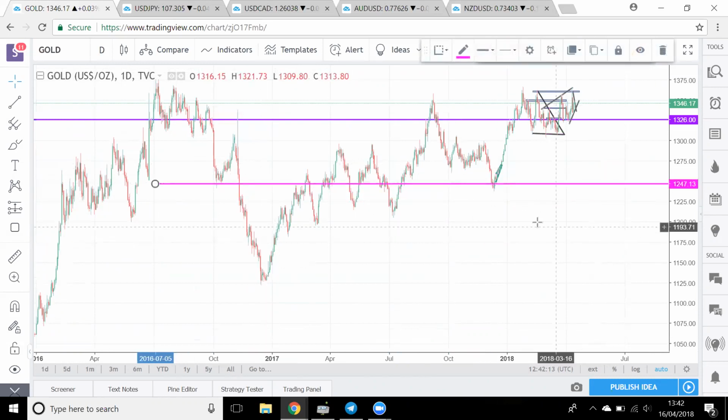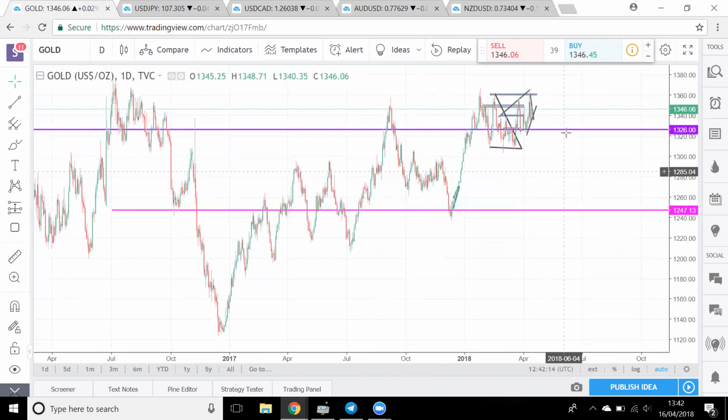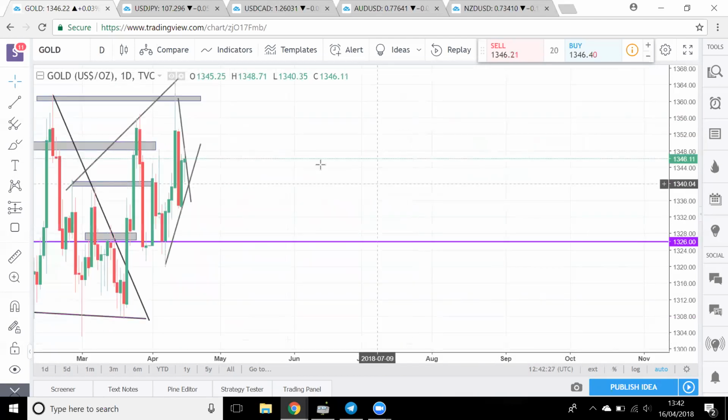I'd rather look for longs if we come down, but for a longer term trade. But yeah, so for now we have no bias currently for gold. We have to see where price is heading.